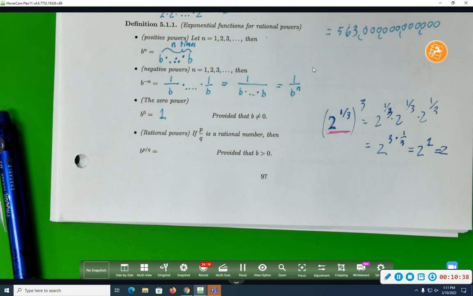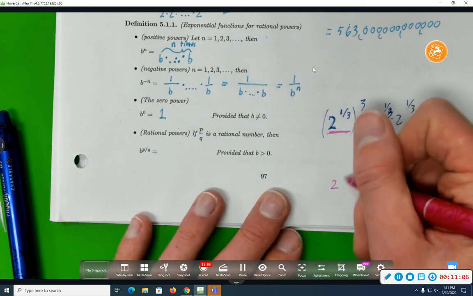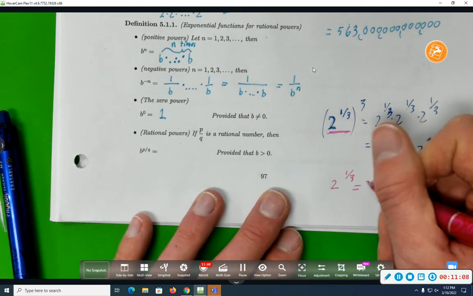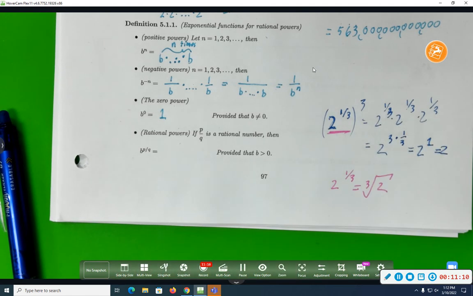You already know a solution to this equation. You have a name for the solution. What undoes cubing? Cube roots? Yeah. So 2 to the power 1/3 should mean the cube root of 2.